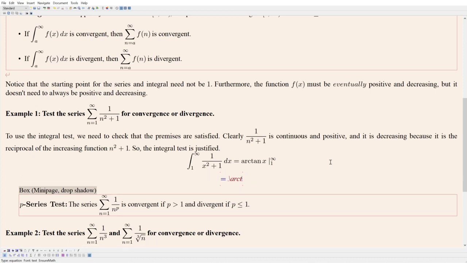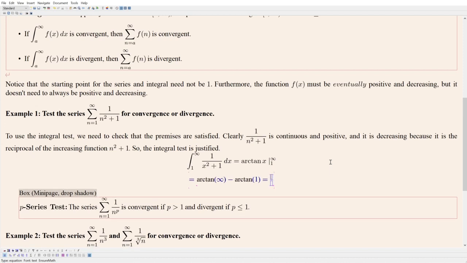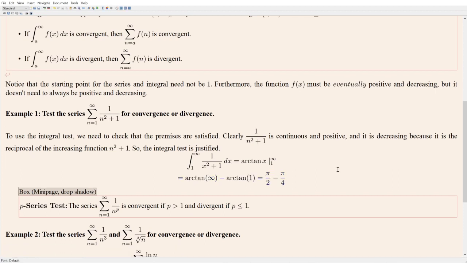So that's pi over 2. And then arctan at 1. So that is going to be the angle between negative pi over 2 and pi over 2 whose tangent is 1. So break out your unit circle, or better yet, just memorize this fact.